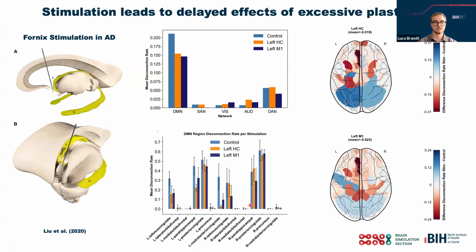And plotted over the cortical surface, you see in red a reduction in disconnection, successfully in parts of the default mode network, and also some increased disconnection in the more occipital regions. So there are some adverse effects also occurring after the stimulation, as you already see in some of the networks.